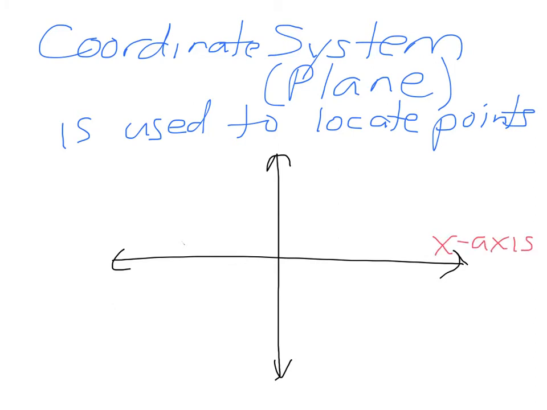And then we have the vertical line, and the vertical line is the y-axis. So we have the x-axis and the y-axis. And when we're talking about this particular coordinate plane, we're talking about a two-dimensional coordinate plane. We could go three-dimensional, but then we would be talking about a z-axis, and we're not going to get to that yet. That will come into play later.